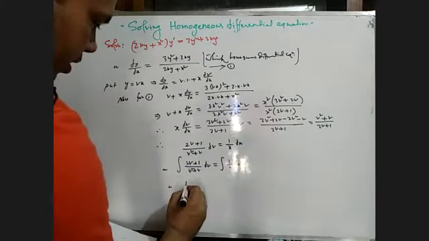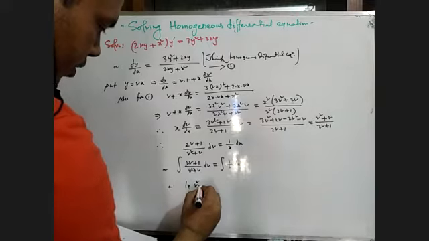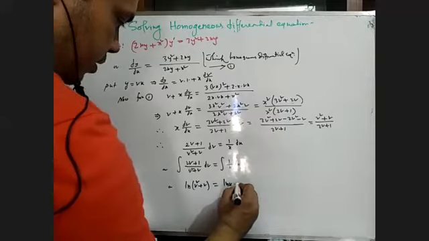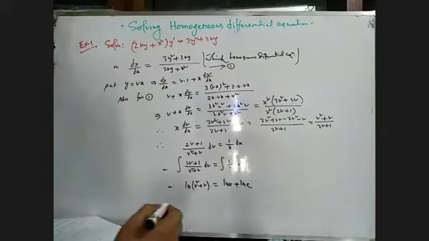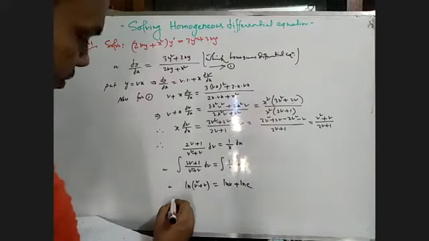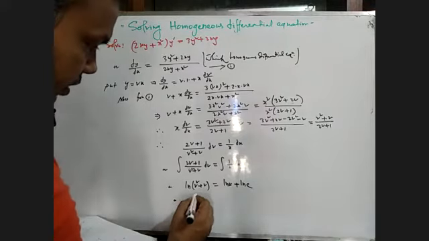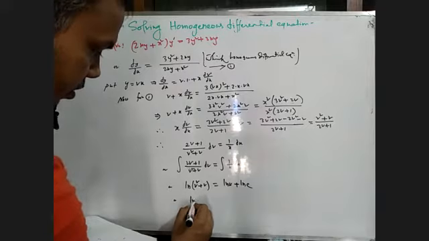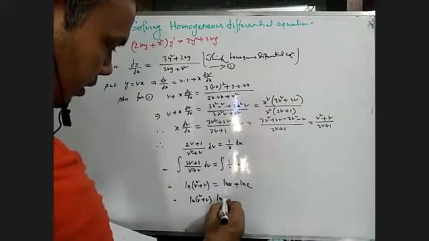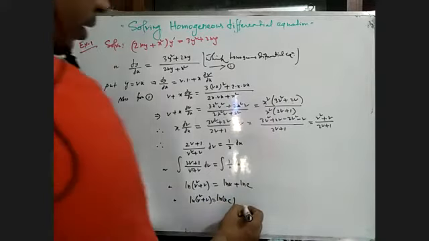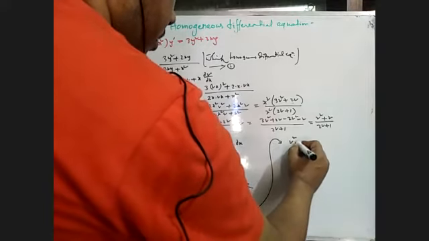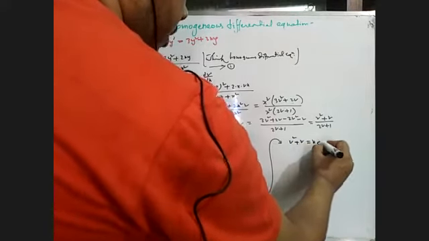This is why ln(v square plus v) equals to ln x plus constant, ln c. So from this, ln(v square plus v) equals to ln(xc). Now omitting ln from both sides, v square plus v equals to xc.